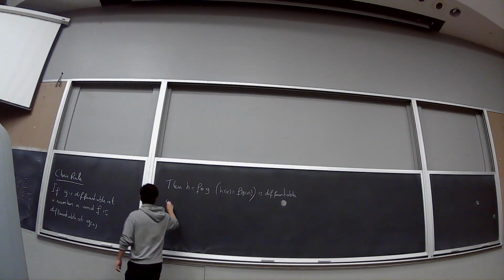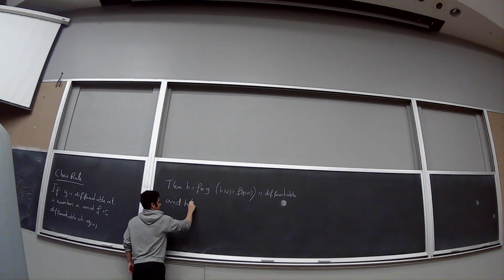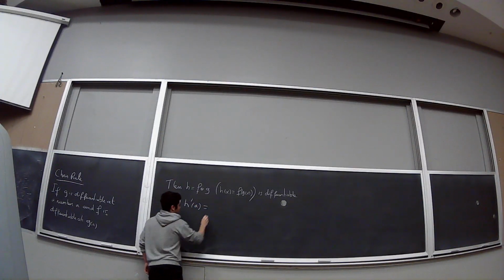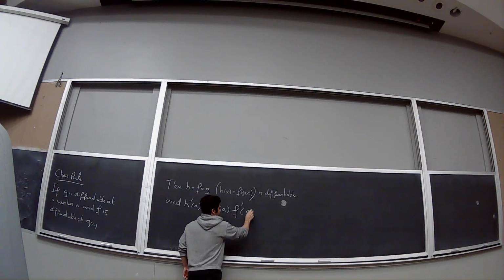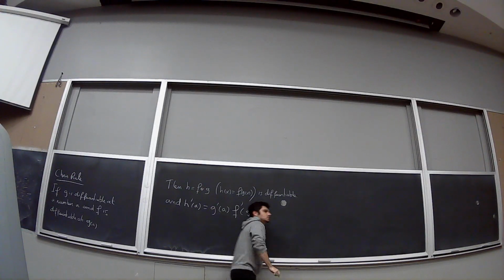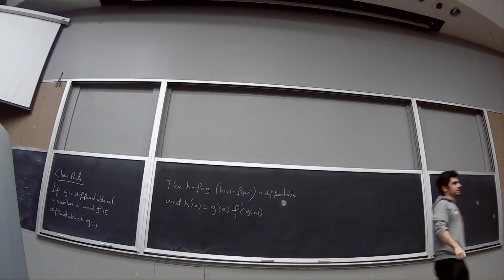And h prime of a is equal to g prime of a times f prime of g of a. Right? This is what we saw last time.